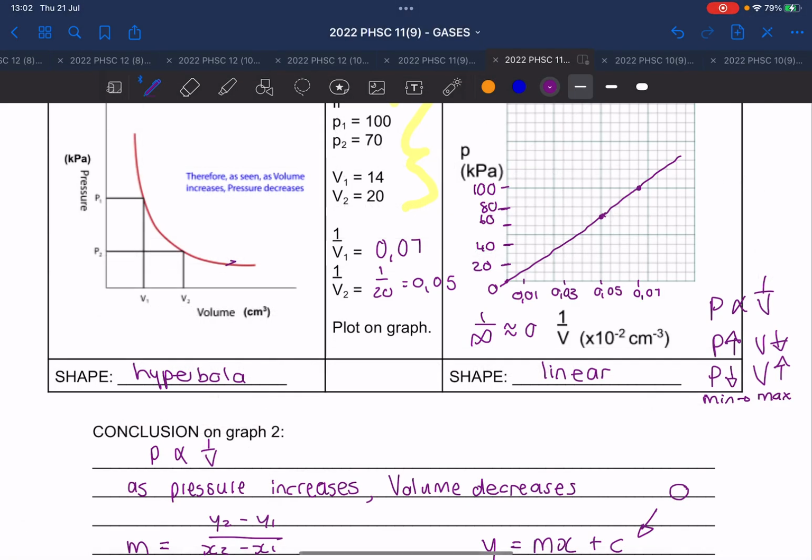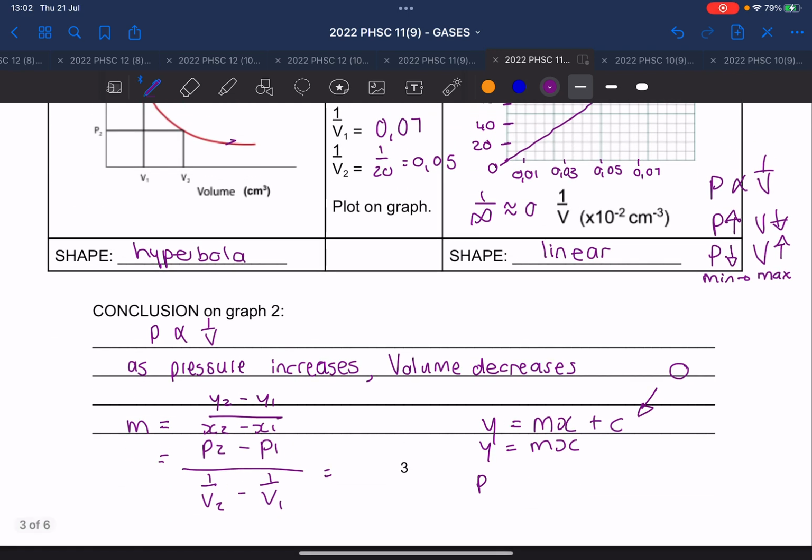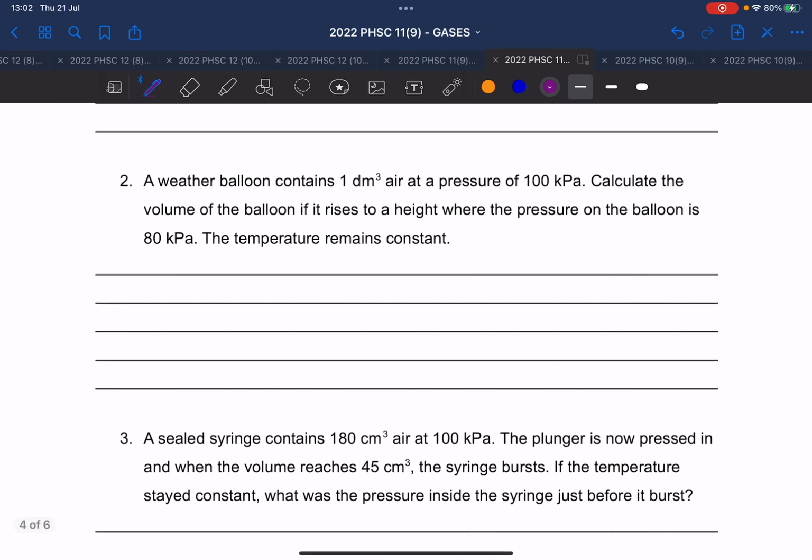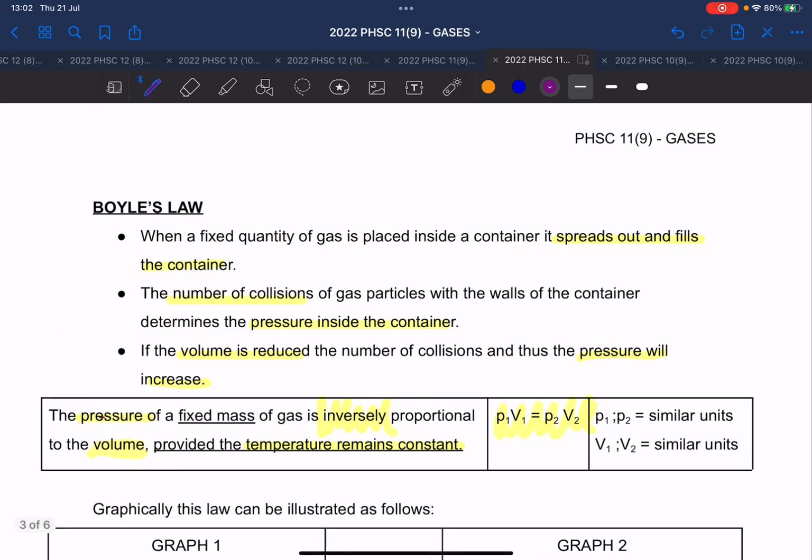It connects, but it doesn't want to play. mx is 1 over V. Okay, we'll finish tomorrow.